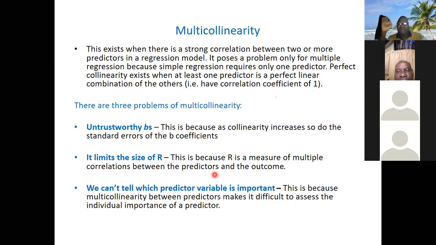This is because R is a measure of multiple correlation between predictors and outcome. Now, here I want to say something. When we run the R, we did the R yesterday, by the time you do multiple regression, it gives you only one R also. This R now is looking at multiple correlation of all the variables together.